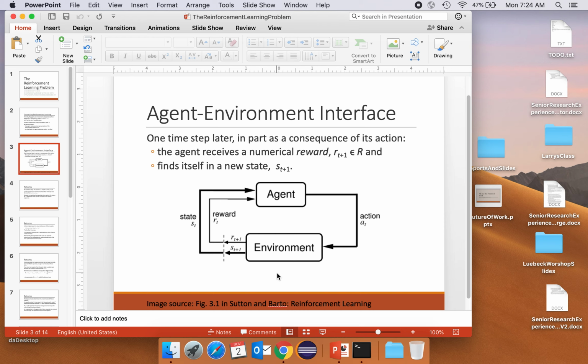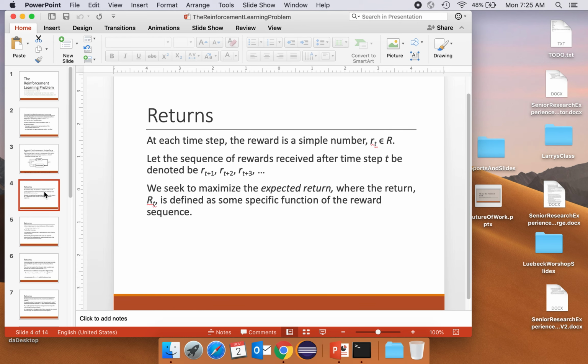And again, not all actions always work out. There's typically some sort of stochastic transition model. And we end up in a new state. And that new state gives us a reward. And so based on this new state and the reward, the agent decides to perform another action at the new time t. So that's kind of like the basic idea.